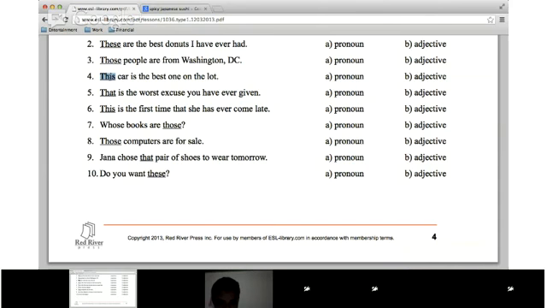We have this and then a noun. Car is a noun. Remember, a noun is a person, place, or thing. So if there is a noun that follows that pronoun, it changes it to a demonstrative adjective. Does that make sense, Rex?